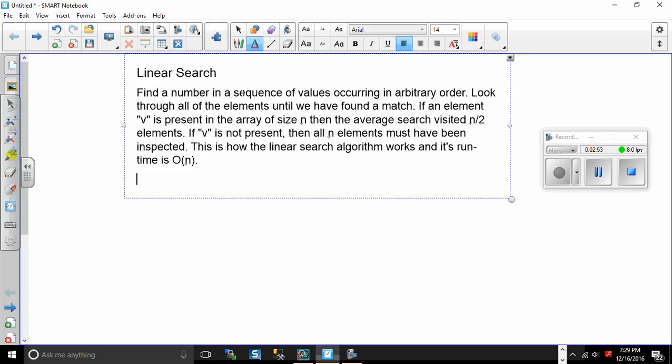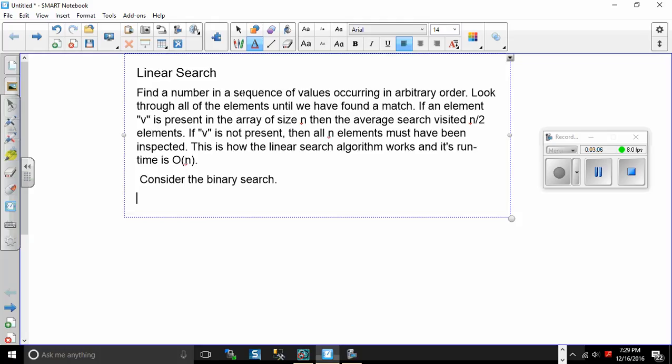Now consider the binary search algorithm. You search for an item in a data sequence that is sorted.